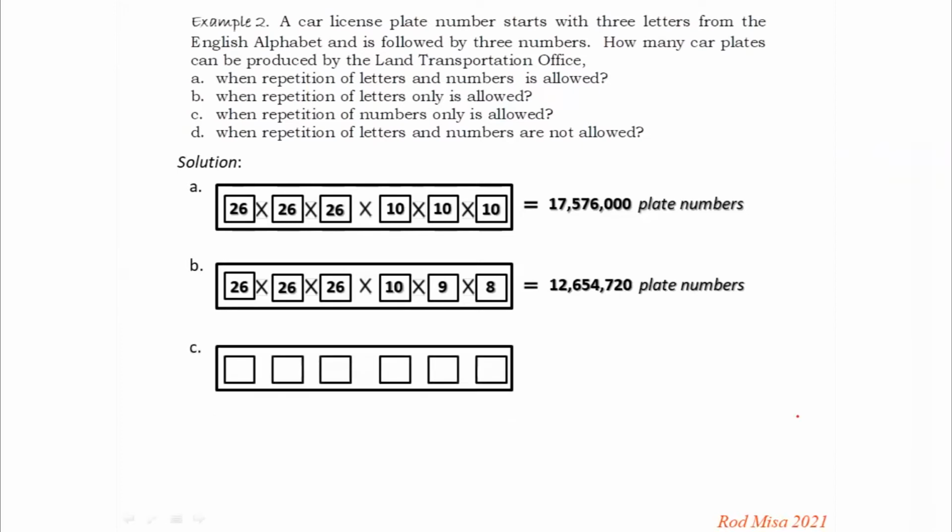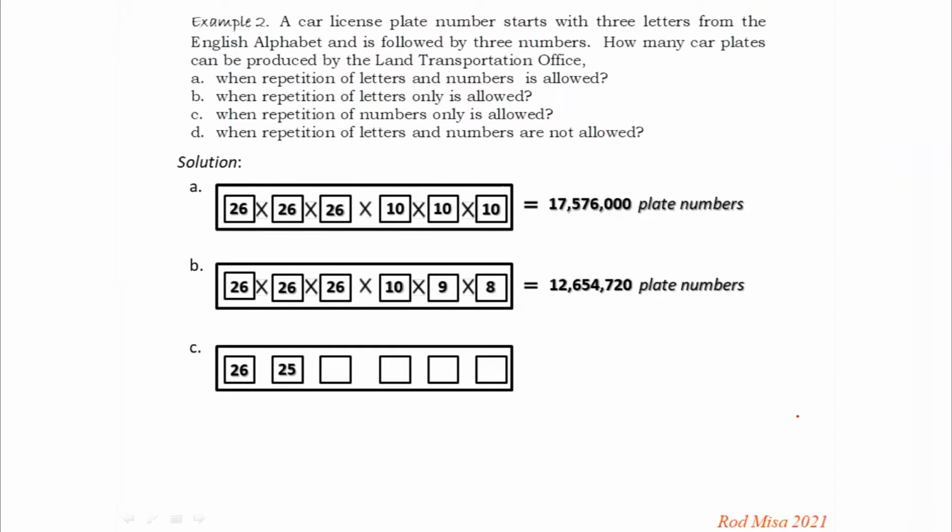Now letter C, when repetition of numbers only is allowed. For the first letter, I can choose any of the 26 letters of our English alphabet. But in the second place, I am left with 25 choices because one of the 26 letters is already placed in the first position, so I cannot use that letter in the second position.